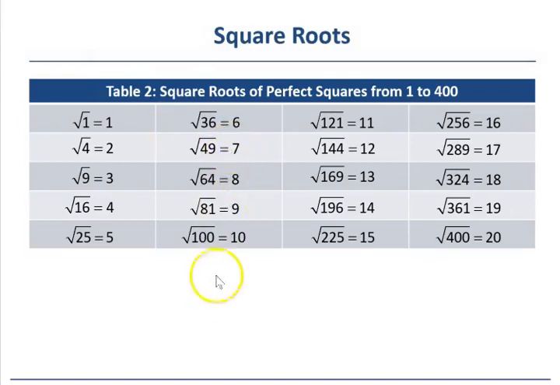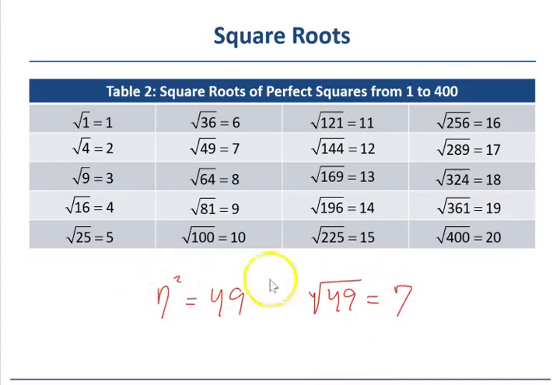Let's look at 7. Remember, when you think back, you saw 7 squared equals 49. Well, notice if I take the square root of 49, then I get back to the original 7. To create this 49, you had to have 7 times 7, so this takes us back to the original 7.